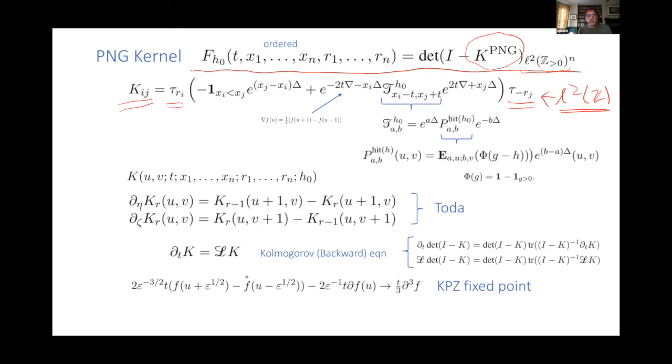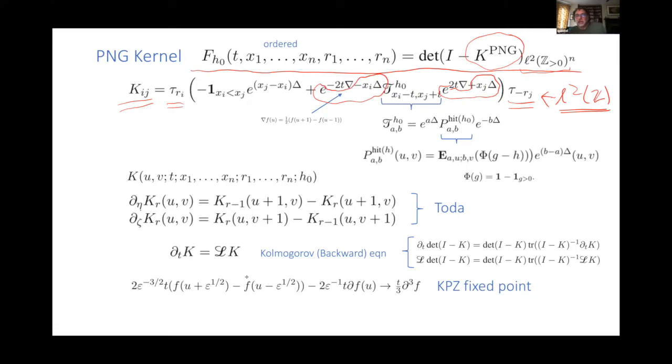And actually, you can see what happens in X. In X, it's just a conjugation by e to the xj of this discrete Laplacian, and then e to the minus xj of the discrete Laplacian.